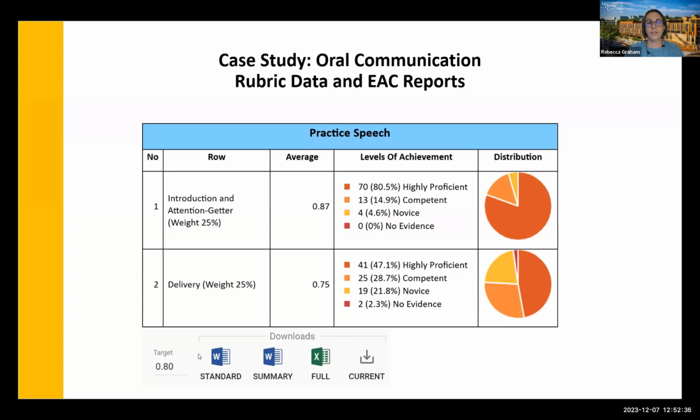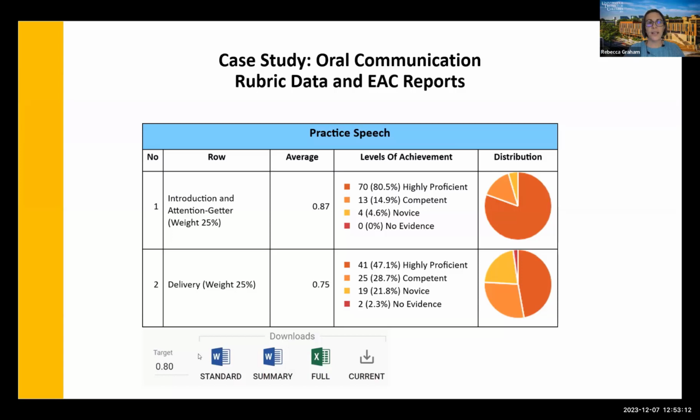Students performed really well on the introduction and attention getter criterion of the rubric. If you're looking at this EAC report, you can see that's right next to number 1 there, which validates the professor's decision to focus intently on introductions to speeches early in the semester. So we're getting some really good data here. The professor set their target for success at 0.80, which essentially translates to earning 80% or above on each rubric criterion.